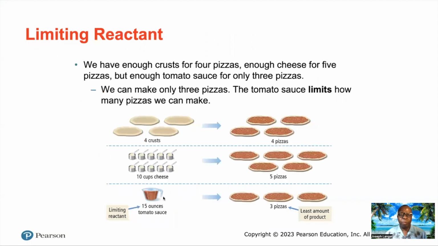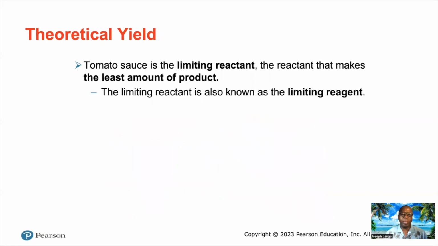Here in the recipe, we started with 15 ounces of tomato sauce, 10 cups of cheese, and the crust. The one which gives us the least amount of the desired product is called the limiting reagent or the limiting reactant. The rest are called excess reagent.